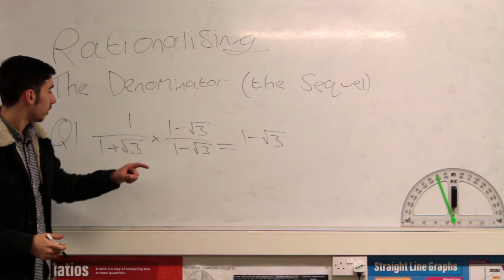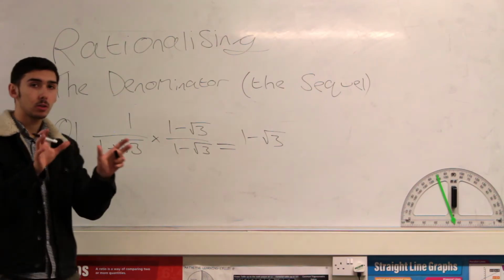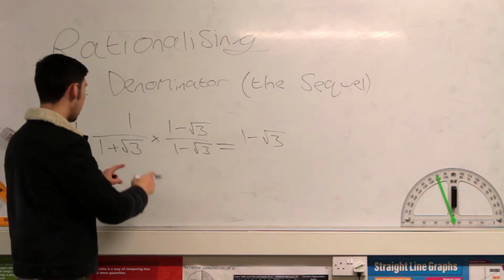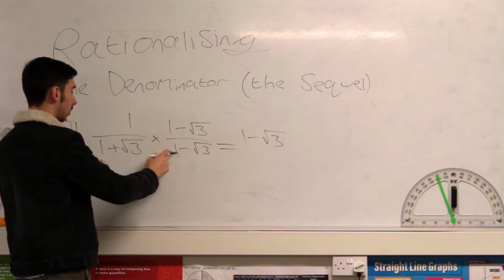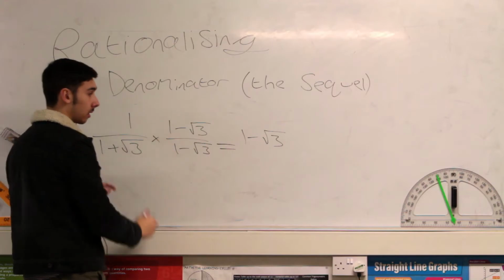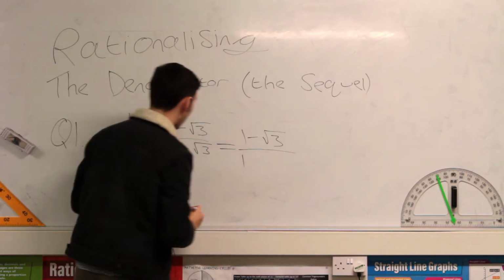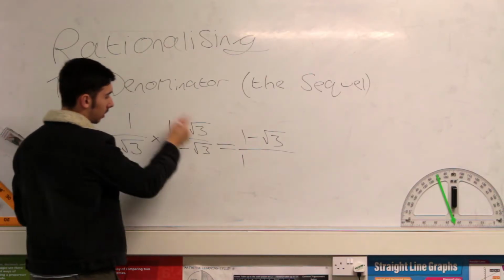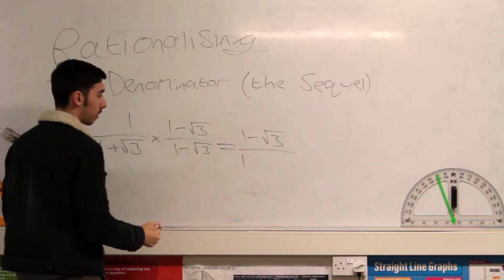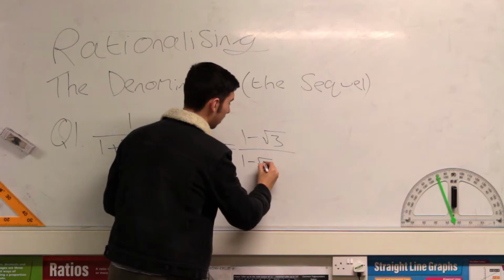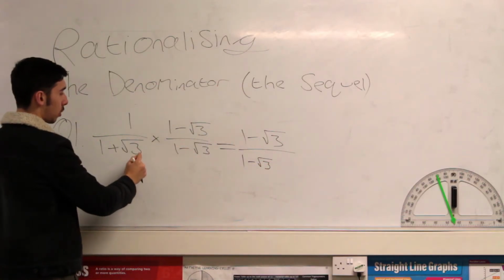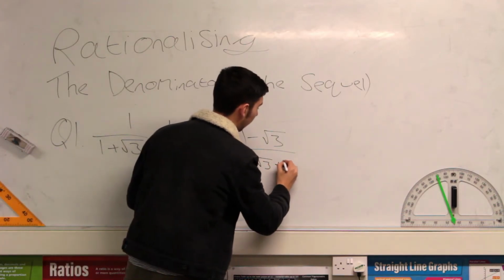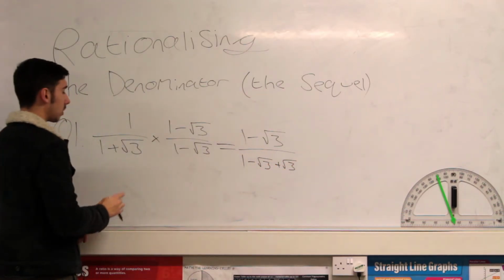Now on the bottom, it's a bit crazy because we're going to use our expanding brackets knowledge again. Let's do our ones. 1 times 1 is 1. Let's do outside. So 1 times minus root 3 is minus root 3. Let's do inside. Root 3 times 1 plus root 3. And let's do the last.